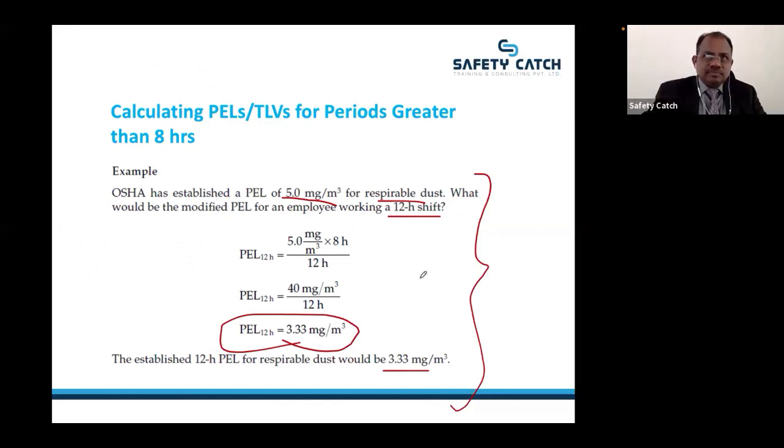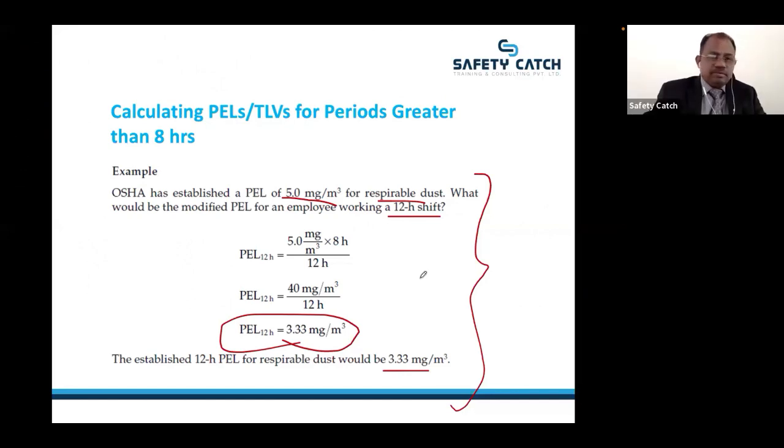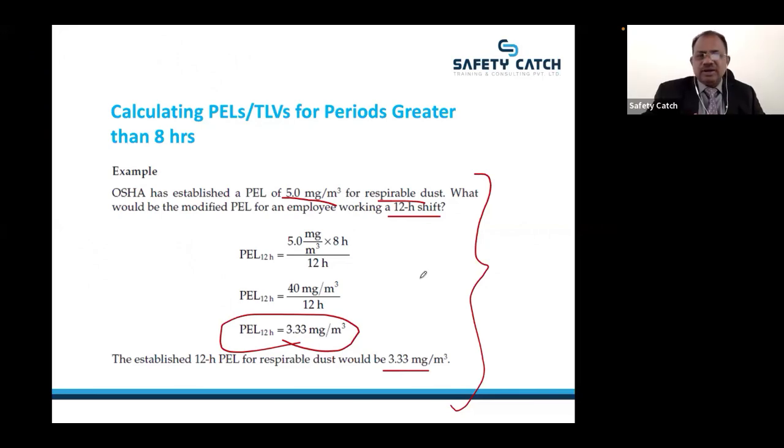So that can also be used. Yes, if you have that, just share it with me. The formula for the reduction factor is equal to 8 divided by the hours worked, into 24 minus the hours worked, divided by 16. Correct. That is a little bit complicated, so they don't go to that area.